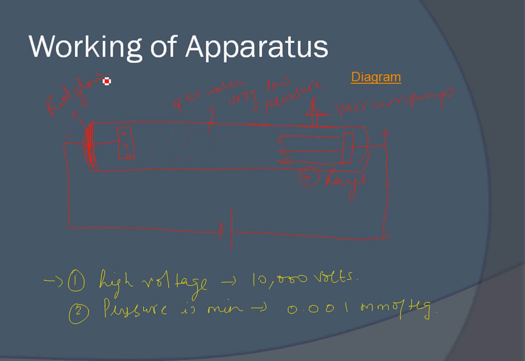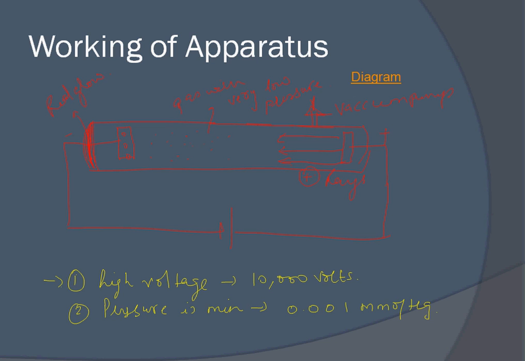So it is now known that some rays are formed at the anode, and when these rays strike the walls of the discharge tube, they produce a faint red light. Since these rays are formed at the anode, this is called anode rays.